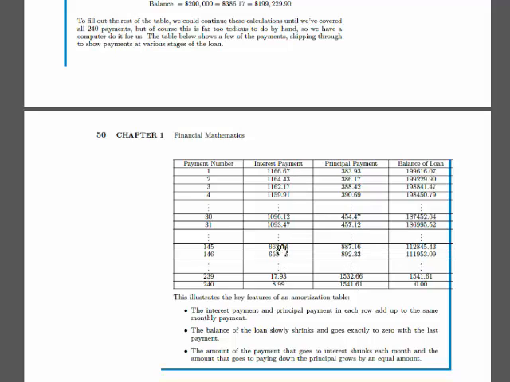So as less has to go toward interest, more can go toward principal, and that's the idea behind an amortization table. It illustrates that process, that as your interest payments decrease, the principal payments increase. But the interest payment and principal payment always add up to the same amount, which is your fixed payment.